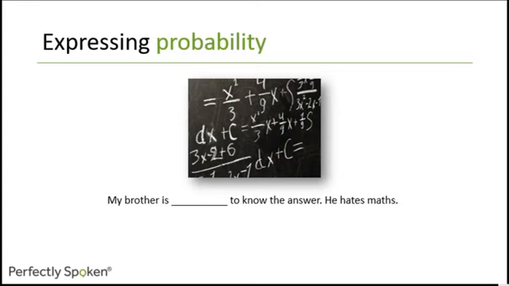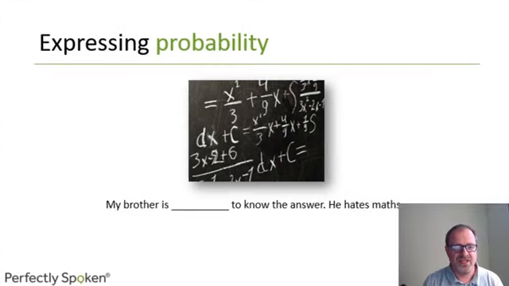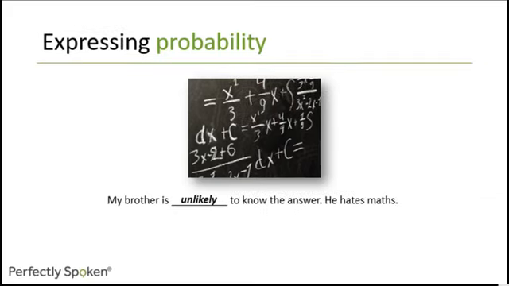Again, we've got the verb to be here, my brother is, followed by the infinitive to know, and the answer is, if he hates maths, then he's unlikely to know the answer. Okay, I'm going to disappear again so you can see the next sentence.